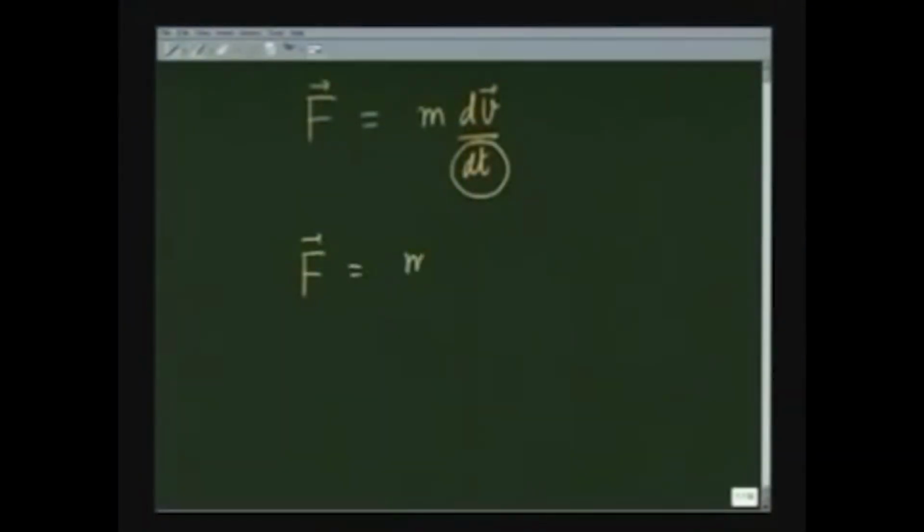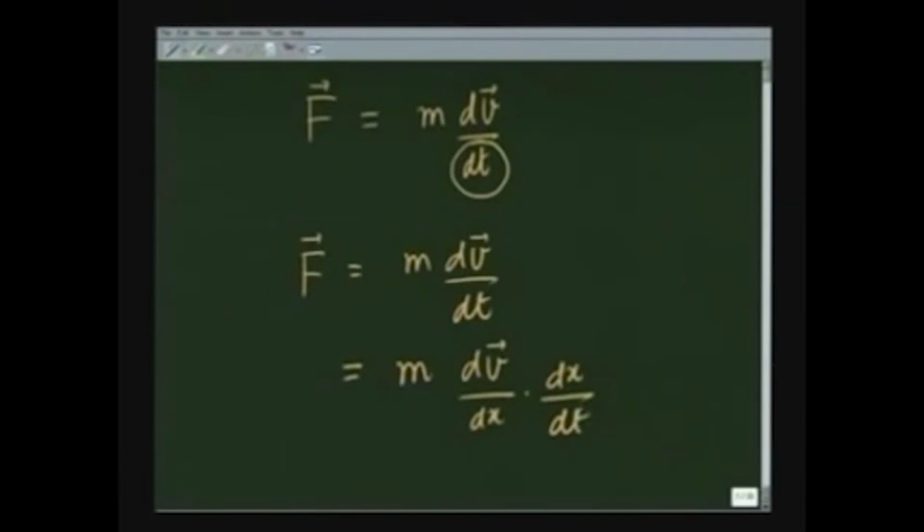If I write F equals m dv dt, I can write this as m dv dx times dx dt. I am taking only one dimension into account right now. For 3-dimensional cases, we will see later what happens.